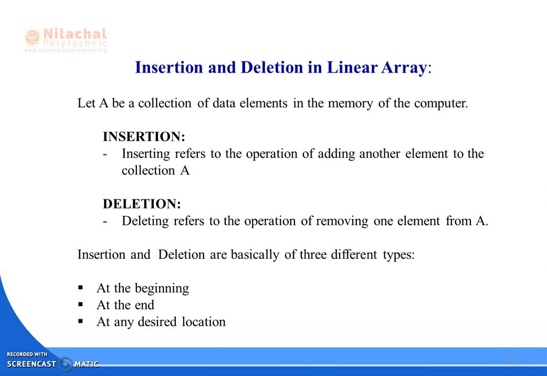Similarly, deletion also is of three types: deletion at the beginning of the array, deletion at the end of the array, and deletion at any desired location of the array. So we will be discussing the algorithms for insertion and deletion of all of these types. So let's start.